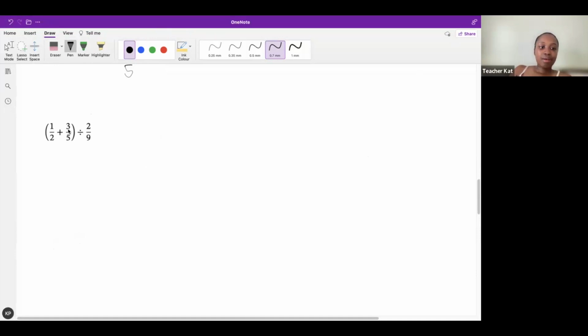Okay, now we have a similar situation here where we have to start inside my bracket, but we don't have the same denominator. So what is my first step here? Multiples, yes. What are we trying to find with the multiples? The lowest common denominator.